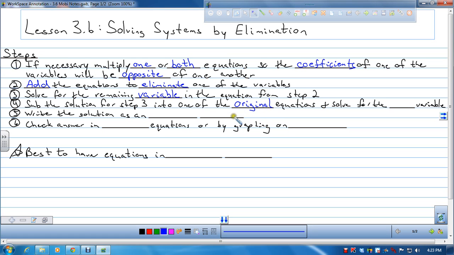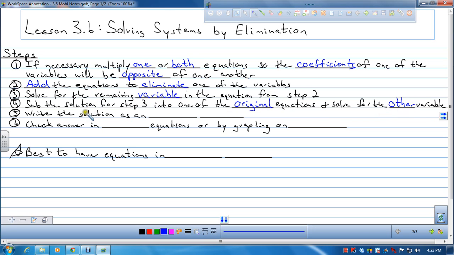I tend to put it back into the equation that I didn't alter, that I didn't multiply by something, and then you'll solve for the other variable. So that means I've solved for one variable, then I solve for the other one.